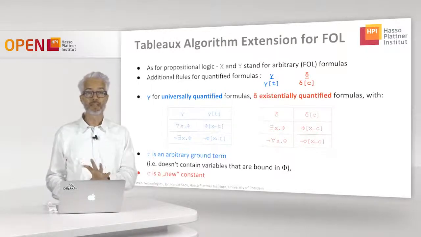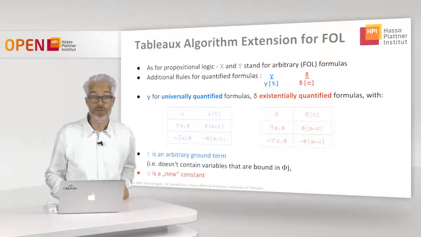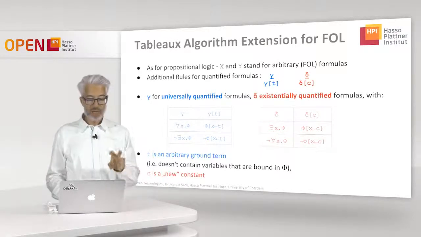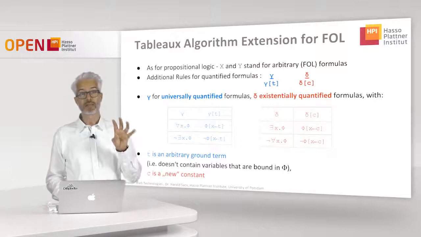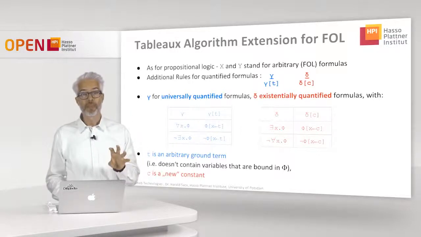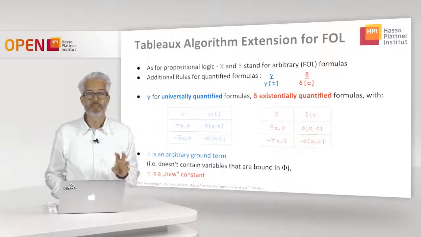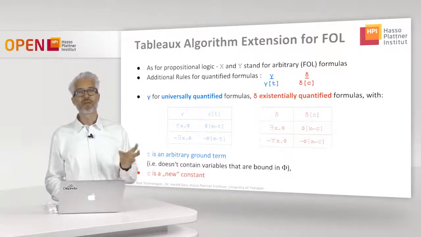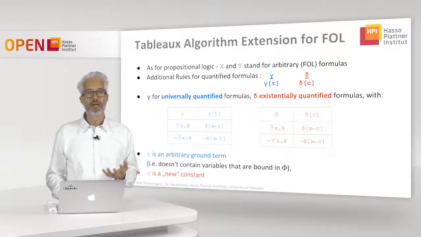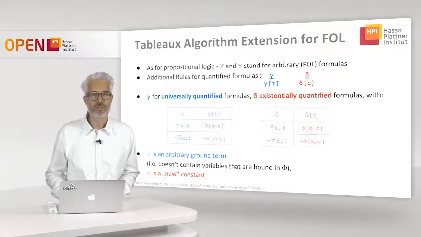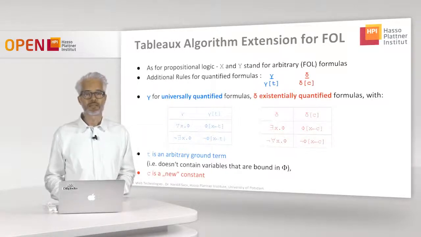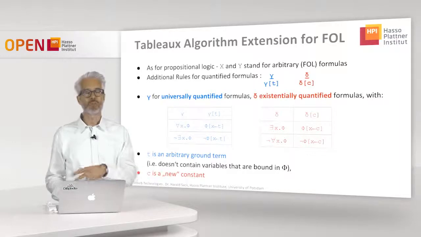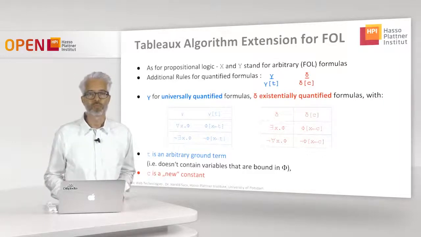So first let's have a look at gamma, which is the universally quantified formula. If we have a universally quantified formula, then we can simply substitute the variable over which we quantify with an arbitrary ground term. This means a term that does not contain the variable that is bound in our bounded expression phi.